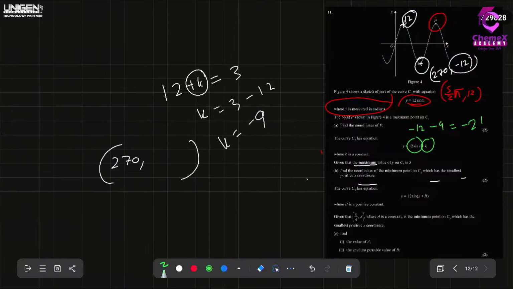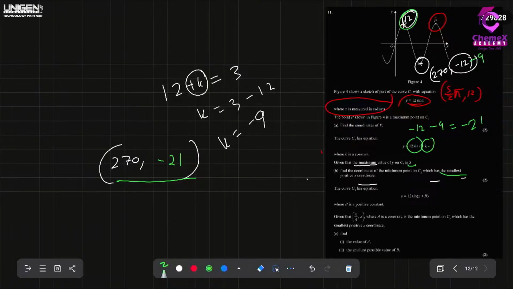Do you understand or no? So this is going to be minus 21, because of the k. The minimum point, minus 12 minus 9, is minus 21. So that's the minimum point.